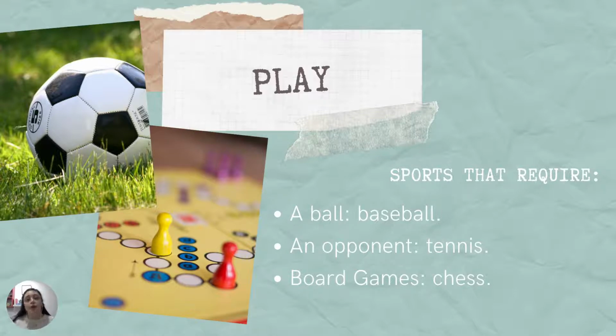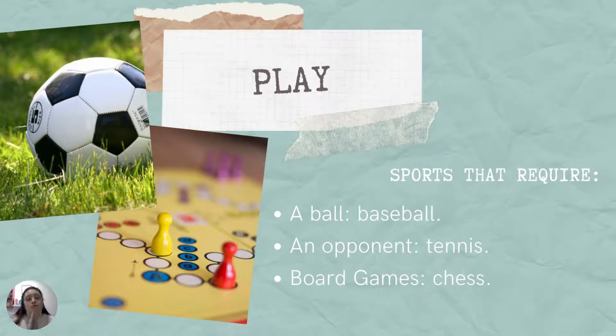Then, sports that require an opponent. For example, tennis. Or the sports that I already mentioned, because in order to play them, you need an opponent. And finally, we are going to use play with board games. For example, chess or Monopoly or Clue, let's say.